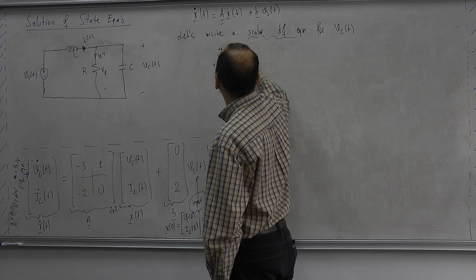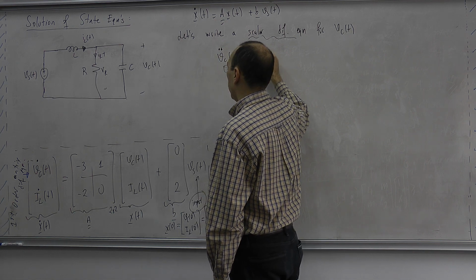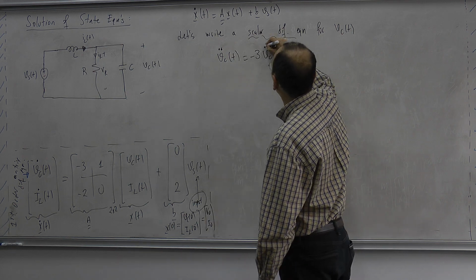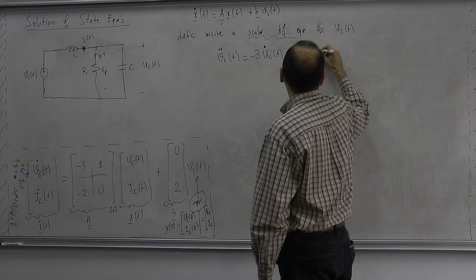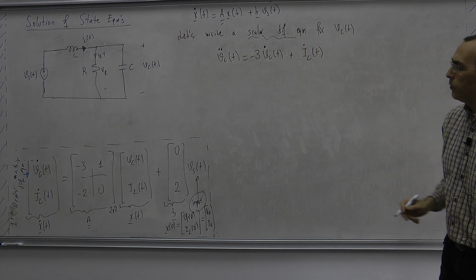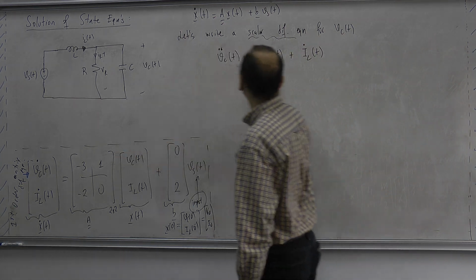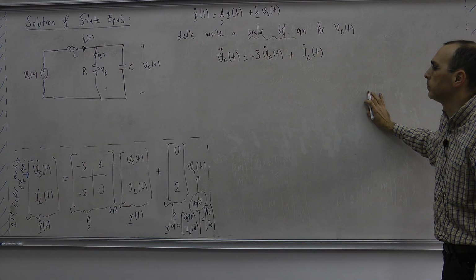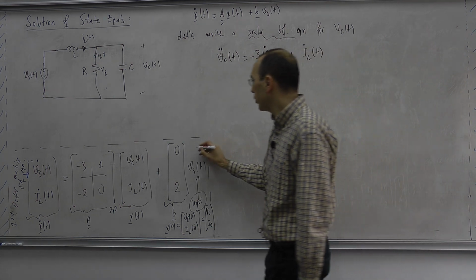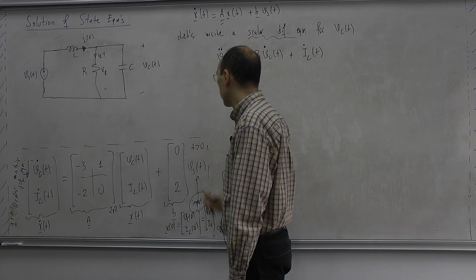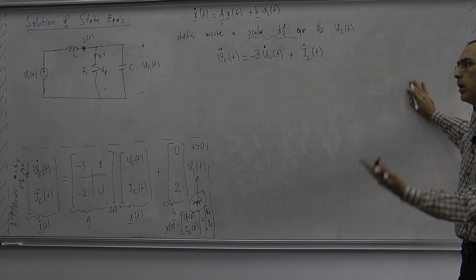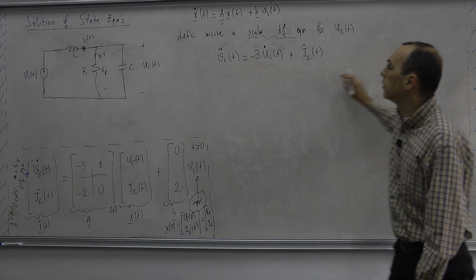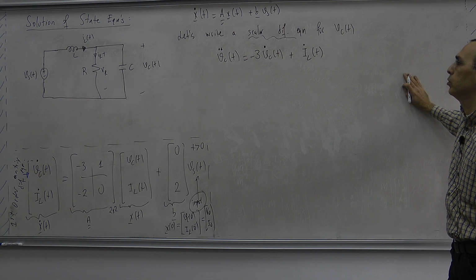Vc double dot equals minus 3 Vc dot of t plus IL dot of t. If this first equation is correct, then this has to be correct. Why? Because this state equation is always true for all t greater than 0, and taking the derivative just means taking differences in time, so this should also be correct.